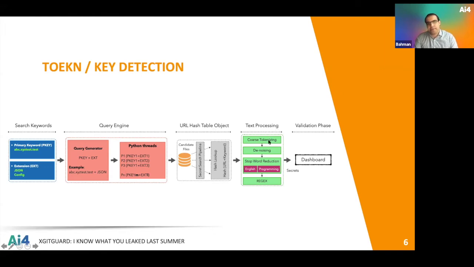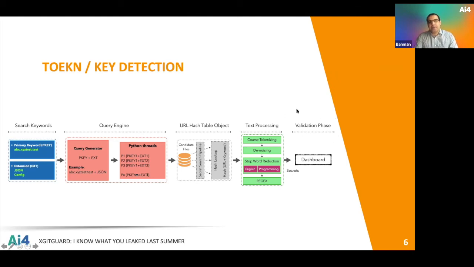And in a similar process, it will be broken down to lines of code, remove the noise, remove the stop words, and then the regex checks will happen on those tokens. And whatever we find, most probably with a higher confidence level than credential detection, will be passed to the dashboard.